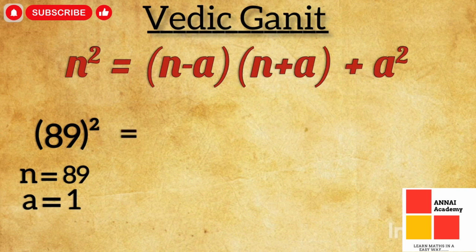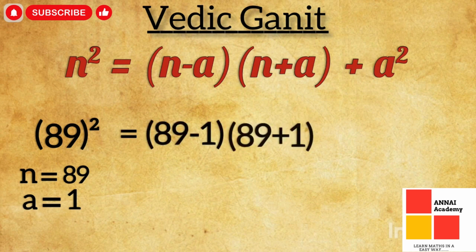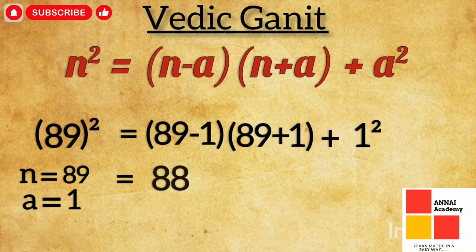So, when we put it, we get (89 minus 1) into (89 plus 1) plus 1 square. Now, when we subtract 1 from 89, we get 88. And when we add 1 to 89, we get 90. And we know that the square of 1 is 1. Now, we have to multiply 88 by 90.